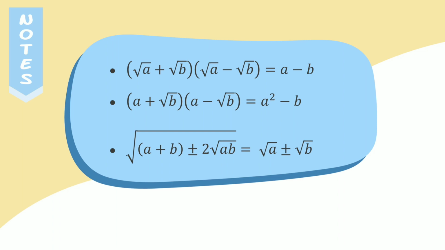The second, we have a plus the square root of b in the brackets times a minus the square root of b in the brackets equals a squared minus b. And the last one, the square root of a plus b in the brackets plus minus 2 times the square root of a times b equals the square root of a plus minus the square root of b.